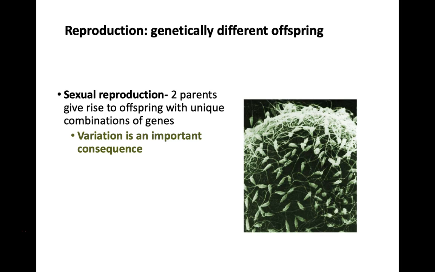If you have a group of individuals that are all genetically identical to each other and something changes in their environment and they can't respond in a way that can be inherited, they're probably not going to survive. But if some individuals have variation that allows them a better chance of survival, that variation is going to become fixed in the population. It's going to become part of the population.